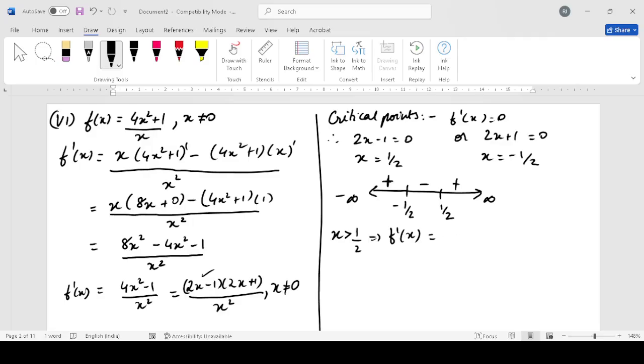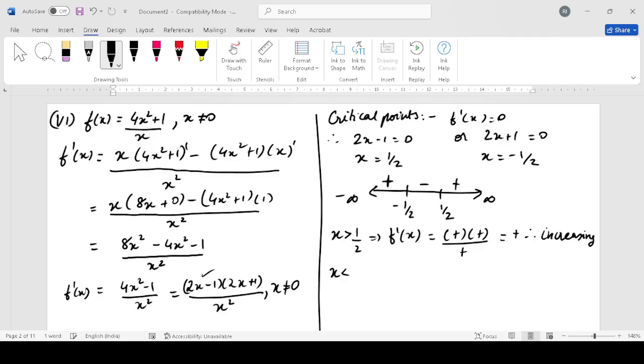Suppose we take x as 1, we get the first term positive, the second bracket also positive. Since the denominator is a square, it is always positive. So this entire function is positive. Therefore it is increasing when x is greater than 1/2.